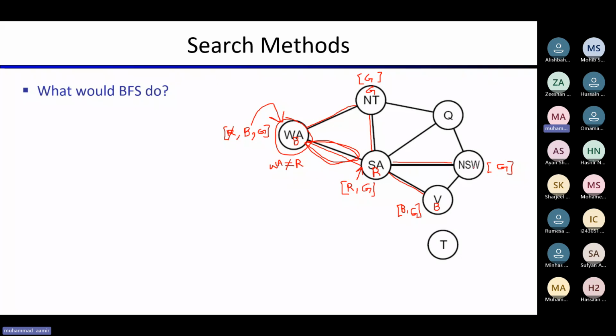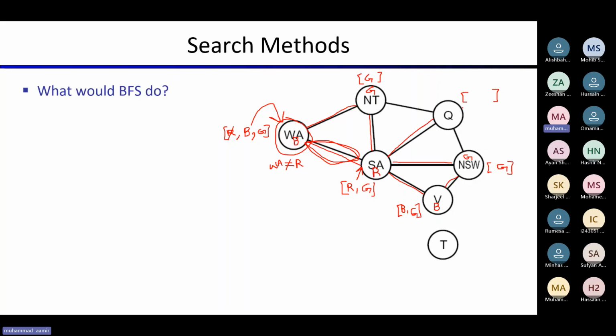So we will assign the color green, because we can assign this green color. There is the blue color in one neighbor, then the second neighbor has the red color, so we can assign the green color.